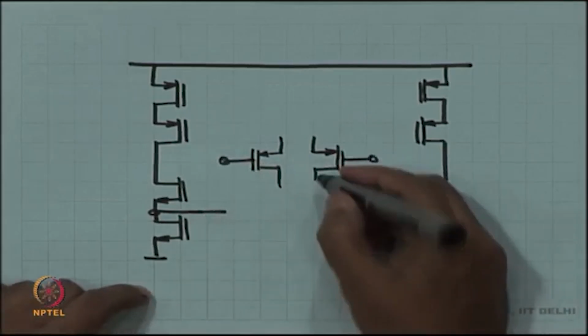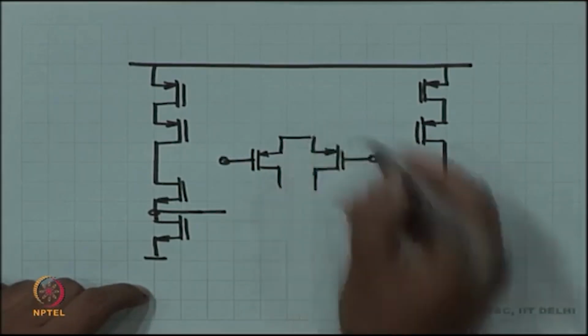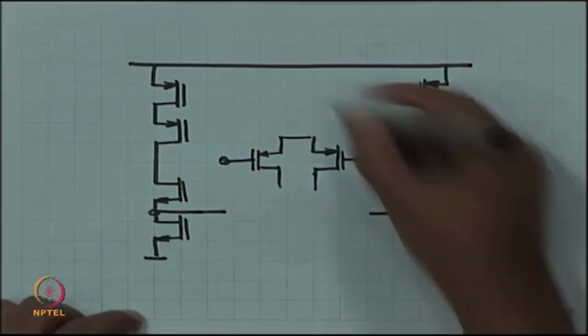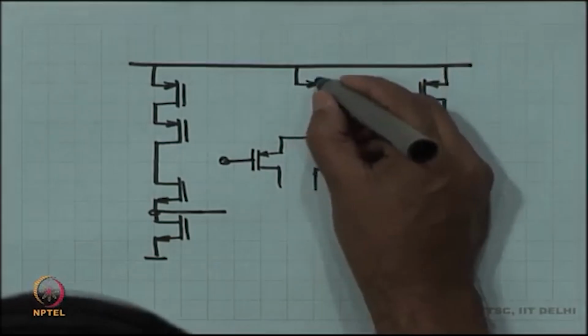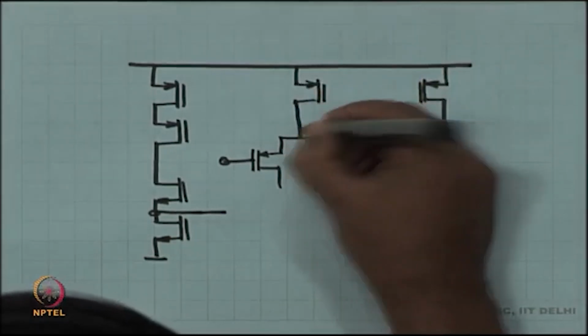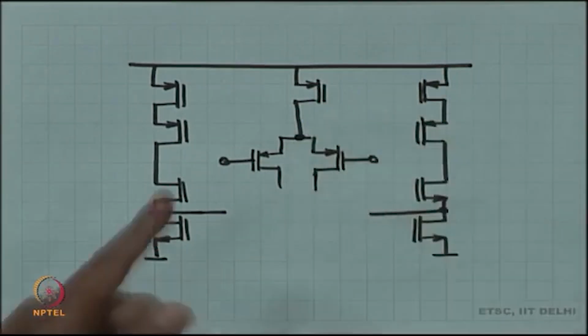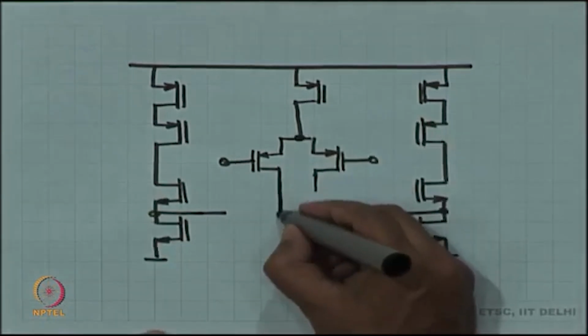These are my two inputs joined together to make a current source. The current source will also be a p channel MOSFET, that is the tail current source.